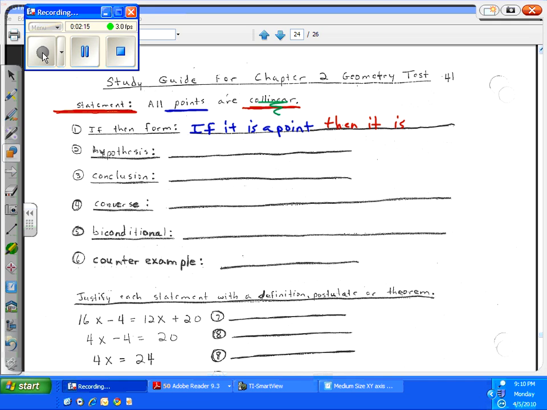But see, when you have a definition that sometimes requires more than one, we have to be plural, not singular. So we're going to say if they are points. See, this is going to make better sense to the story. Then they are collinear.